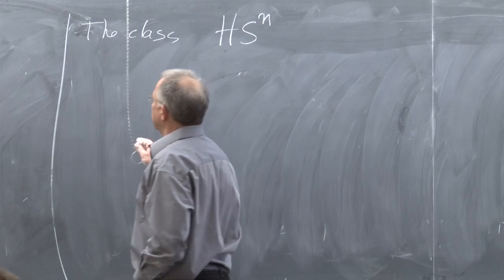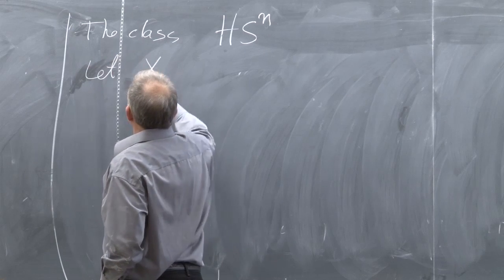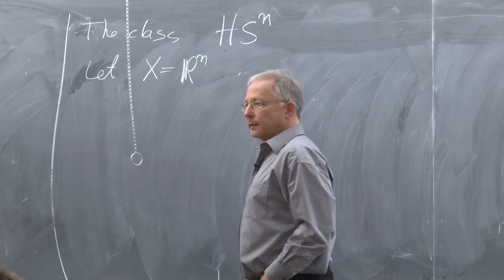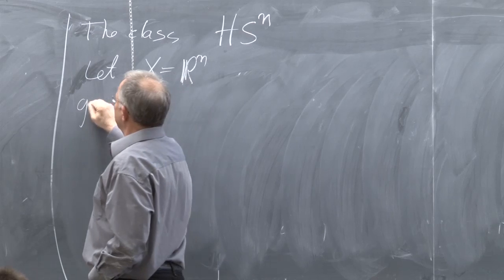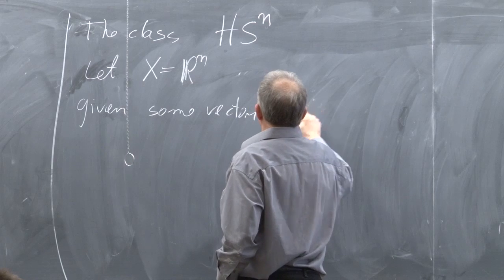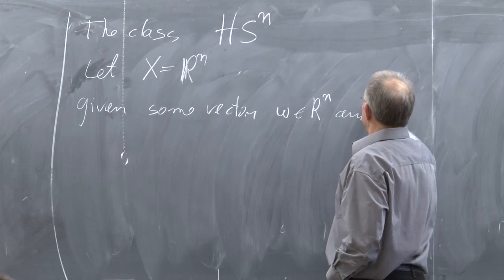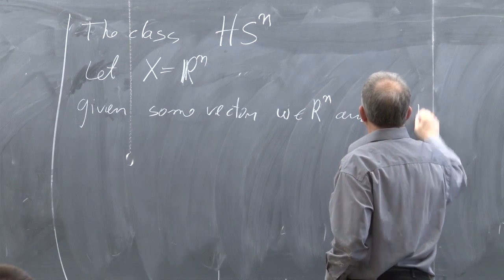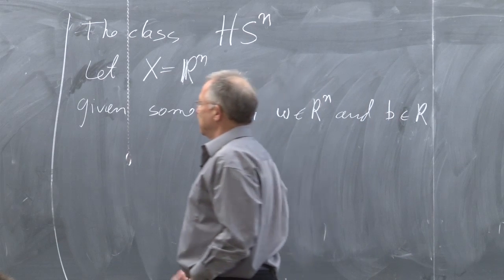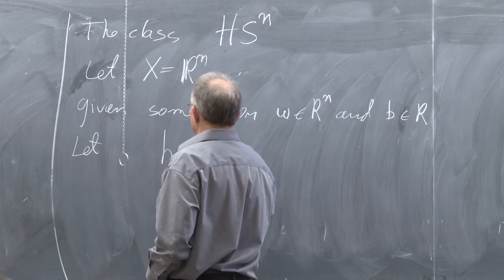Let my X be the real space Rn, and for a given vector w in Rn and some number b in R, let h_{w,b} be the predictor defined by w and b.